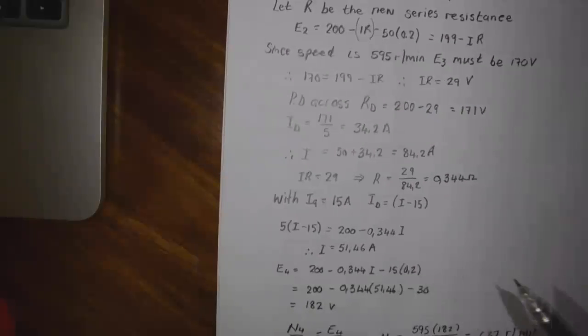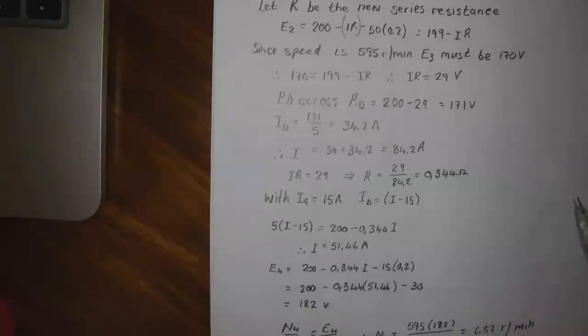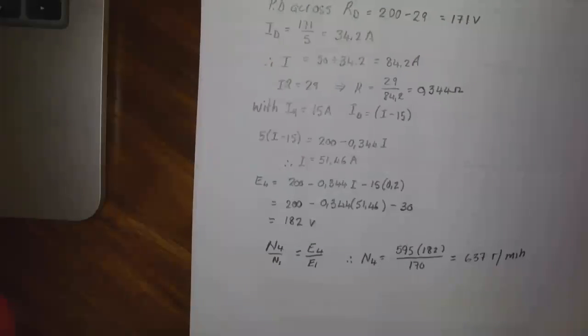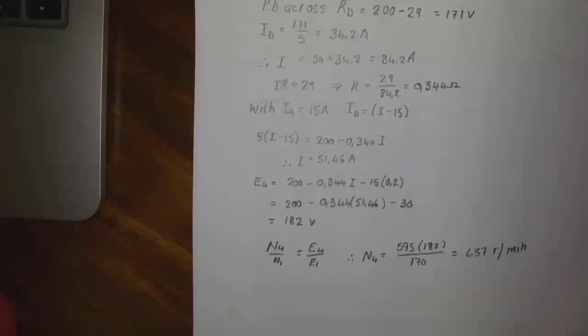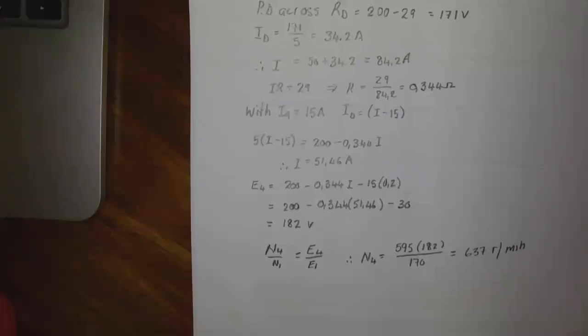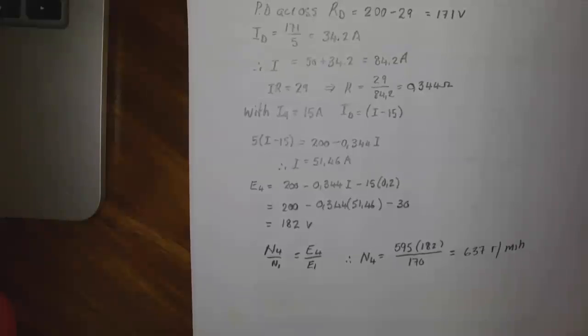And then E4 is 200 minus 0.344I minus 15 times 0.2. That gives the voltage of 182 volts. Then N4 over N1 is E4 over E1. And then we calculate N4 to be 637 revs per minute.